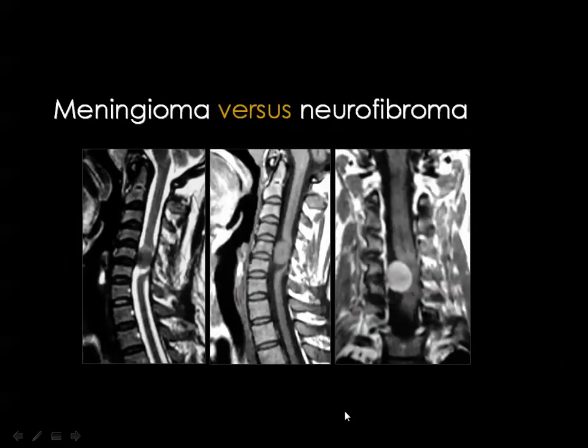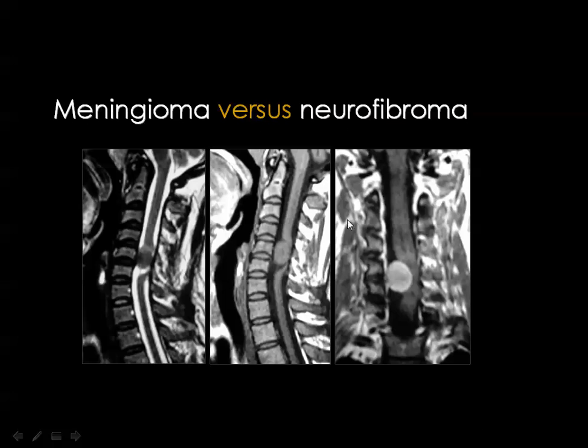This is also a case of a subdural lesion, and this subdural lesion is diagnosed by widening of the CSF space on the side of the lesion while you are approaching the lesion either from above or from below. Then this lesion has no definitive criteria to support either the meningioma or the neurofibroma.